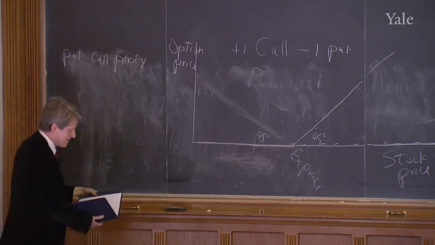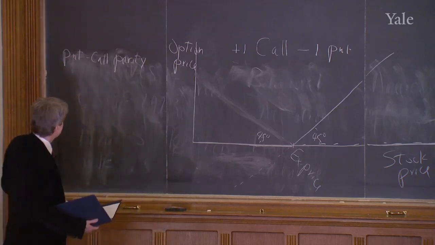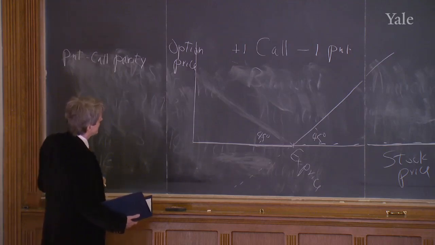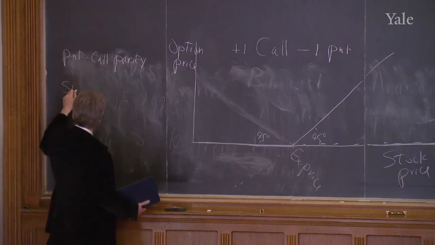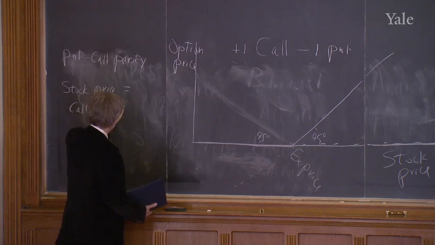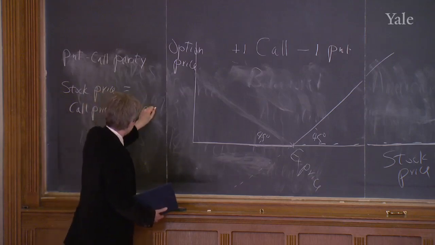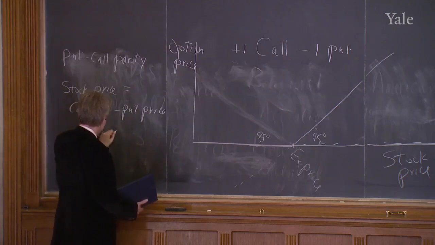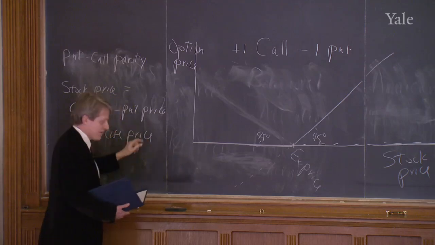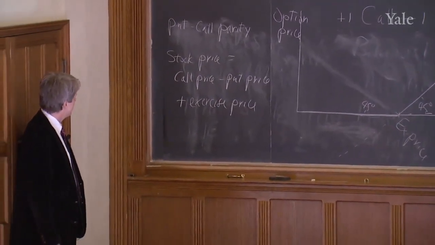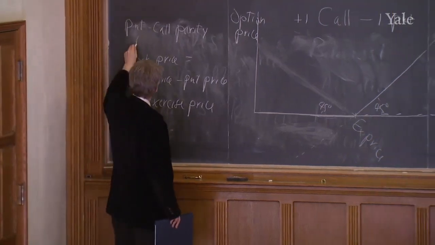There's different ways of writing this, but it says that the stock price equals the call price minus the put price plus the exercise price on the last day, on the exercise day, right? It's simple. This is put-call parity on the exercise date.